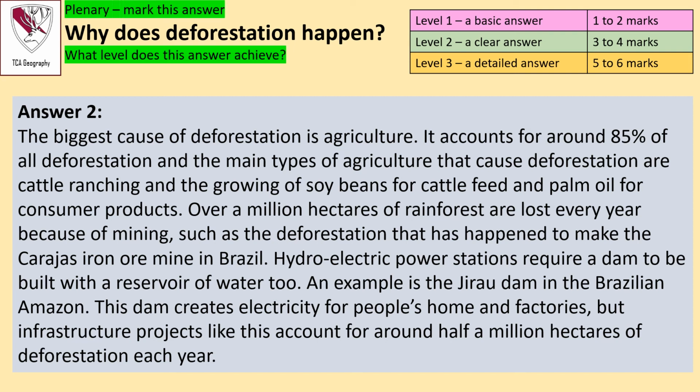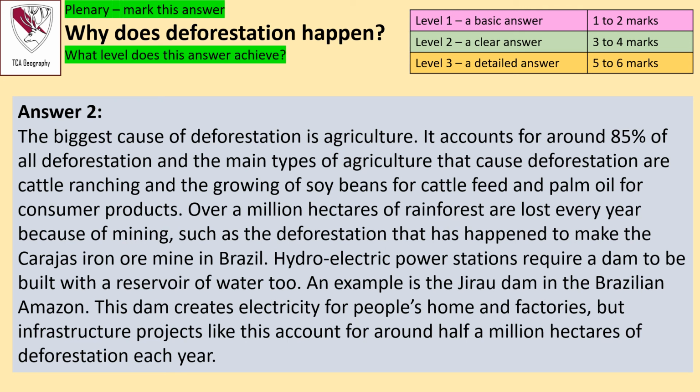Now, I wonder whether you think that that is level 1, 2 or 3. I don't think I'm giving anything away by saying it's definitely a level 2 or 3 answer. I would like you to type in the Q&A box what you think. Is it level 2 or a level 3? And you can even guess or work out how many marks you think it would get out of 6.